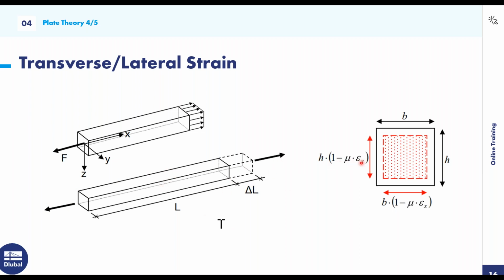When this tension force is applied to the beam along its length, the cross section will shrink with regard to its height and width. And you can see that that height and width shrinkage is based on this mu factor here. And this is how that is taken into consideration.